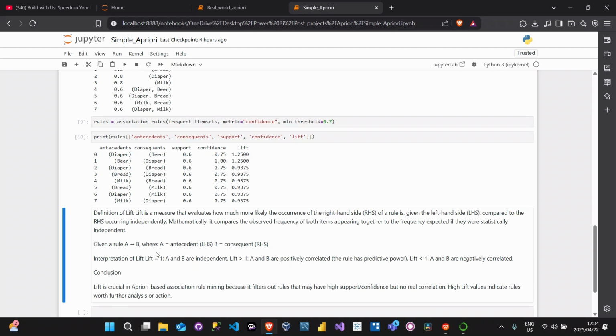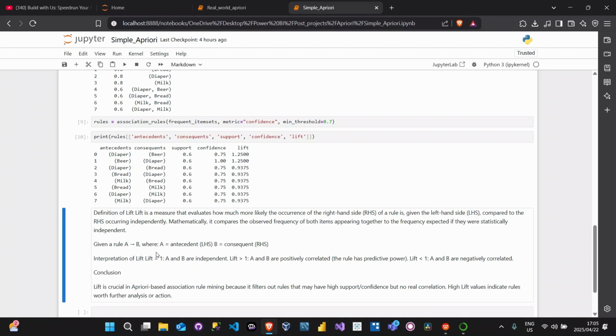So mathematically we are saying it compares the observed frequency of both items appearing together to the frequency expected if they were statistically independent. So there is a bit of probability that we apply here.